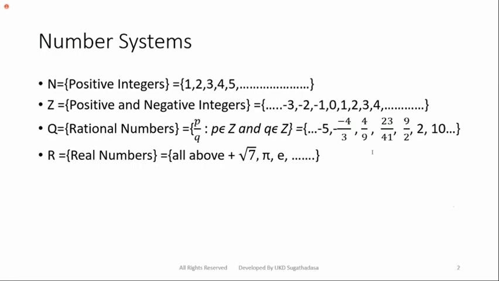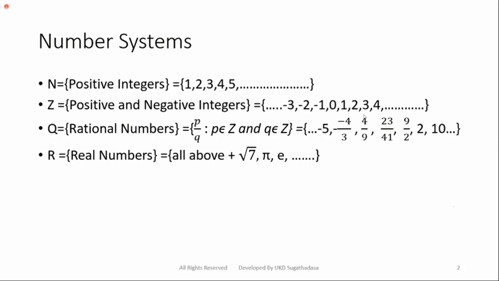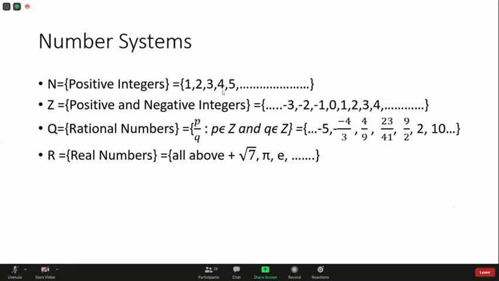E is also the exponential value, which we discussed in the first semester: 2.71 and so on, infinite. Now it is clear what real numbers are: all the numbers N, Z and Q, and in addition some infinite numbers like the square root of 7, the square root of 17, all the square roots, and pi, e, etc.